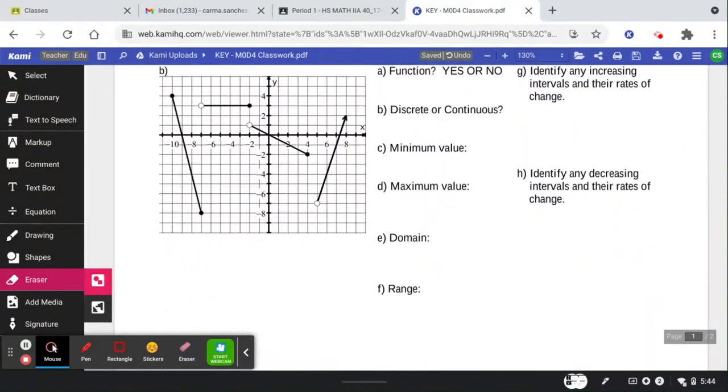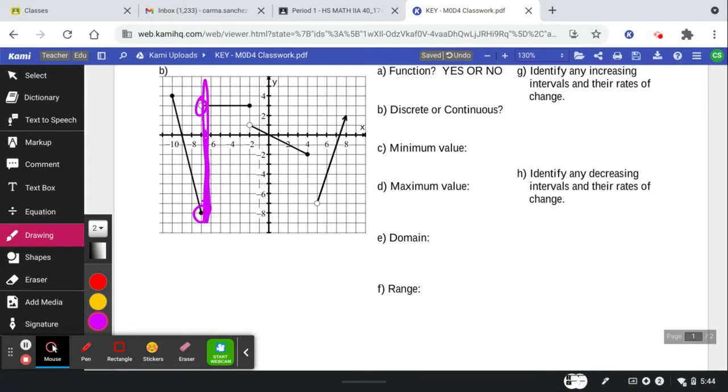All right, for this one, is it a function, yes or no? Let's go draw the vertical line test. All right, what about when I draw a line like this? Do you see how this is an open dot and this is a closed dot? So we're still okay because the bottom dot is open. So right here, it's closed, but that's okay because this is open. So the vertical line test still works.